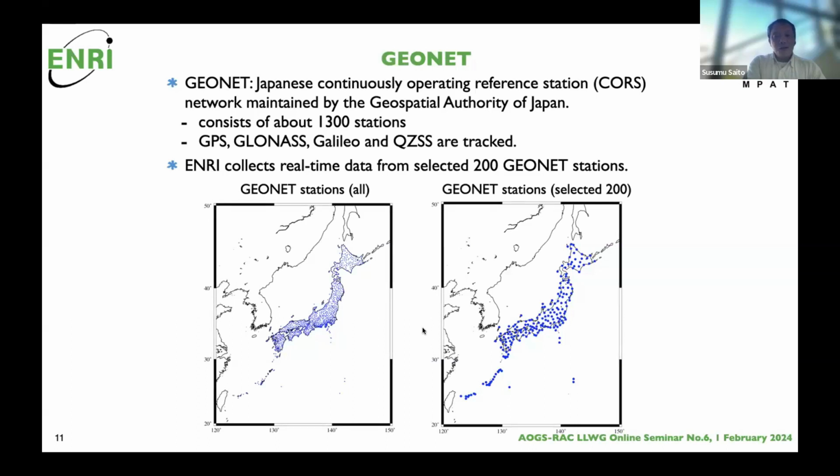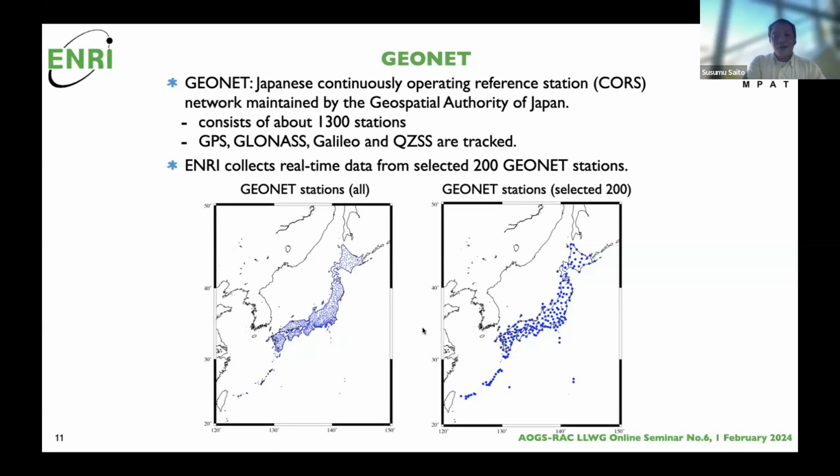I think it will be available in the near future. And my institute, the Electronic Navigation Research Institute, receives real-time data from 200 selected GEONET stations, which is shown on the right-hand side.